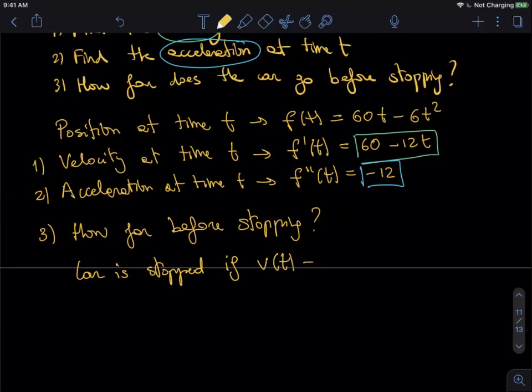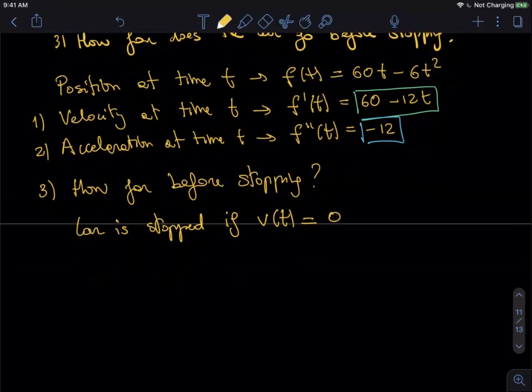So if the velocity is equal to 0, what we want here, because we know the formula for the velocity, f prime is 60 minus 12t equals 0. Okay. So that means t is going to be 60 divided by 12, which is 5 seconds.